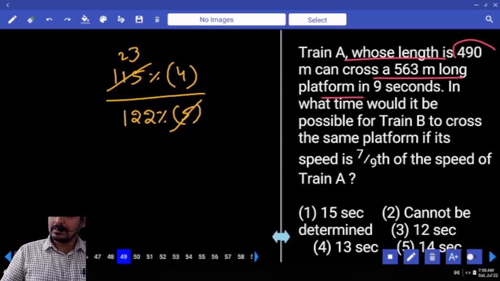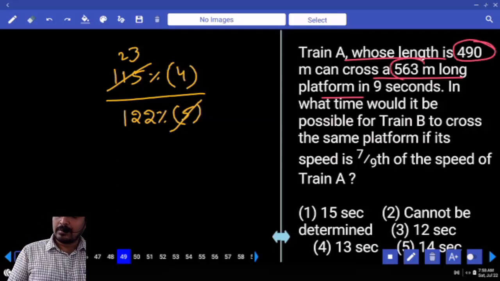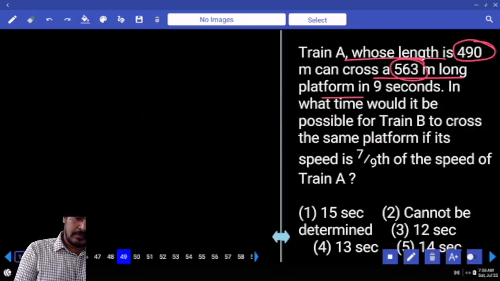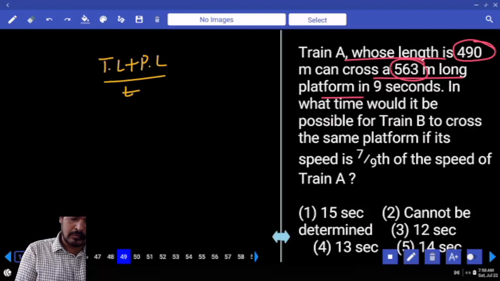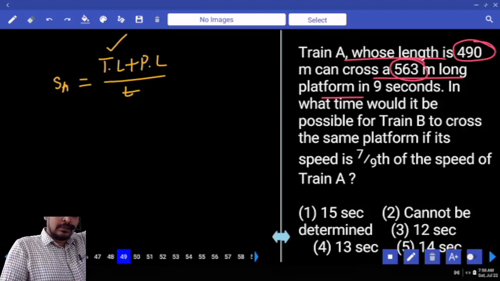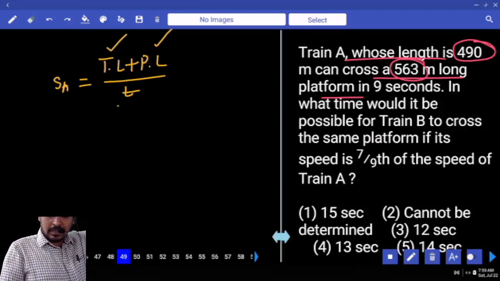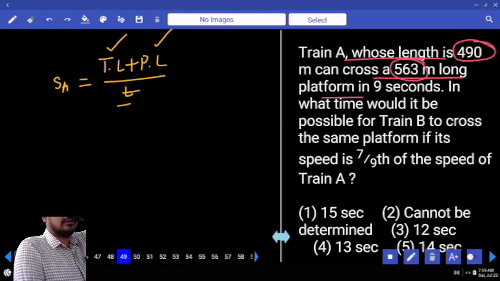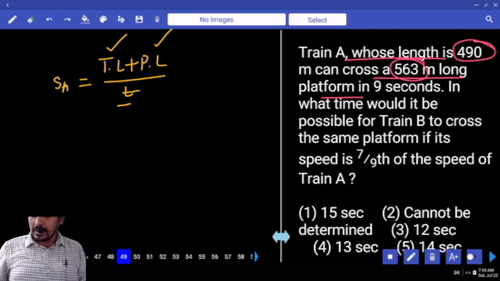What is the train length given? 490. Platform length 563. First we write the concept: train length plus platform length by time equals speed of the train. In this one we know the train length, platform length, and time also given. Then we get the speed of train A. What is the second point?